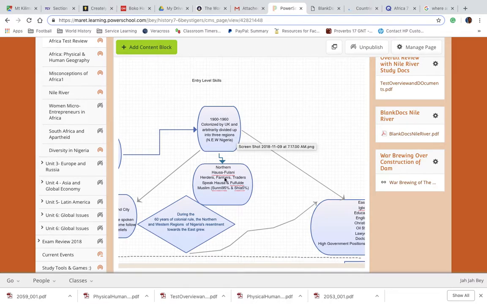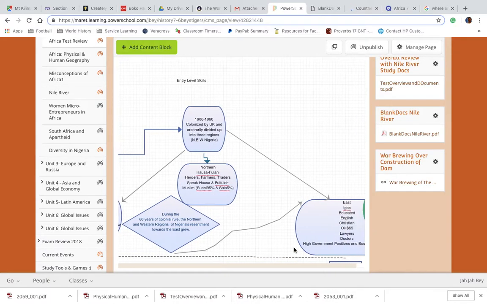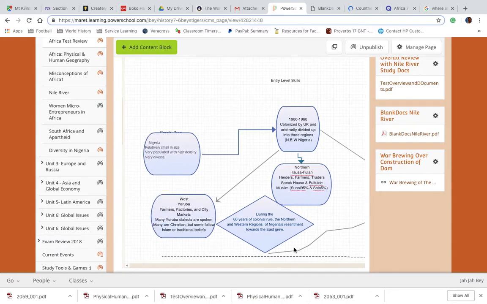60 years of relationships were built, 60 years of being educated, 60 years of learning English, practicing Christianity, right, becoming lawyers, doctors, earning high government positions, business positions in the East. All of that was taking place.